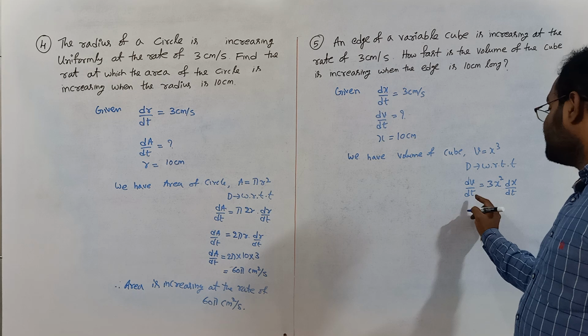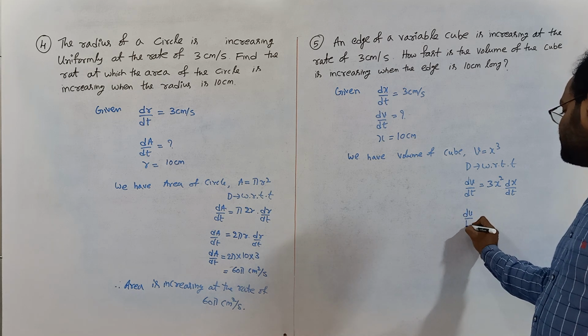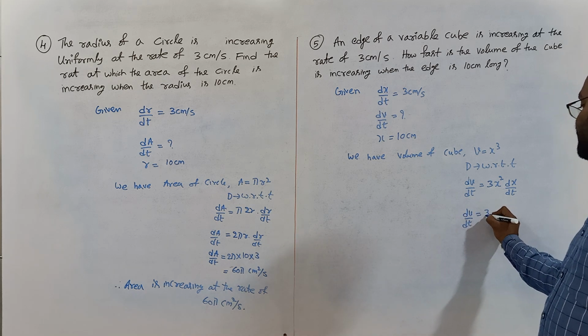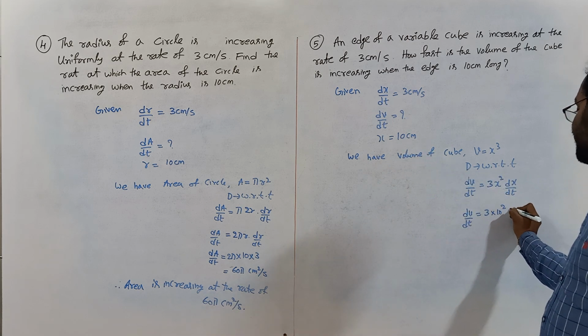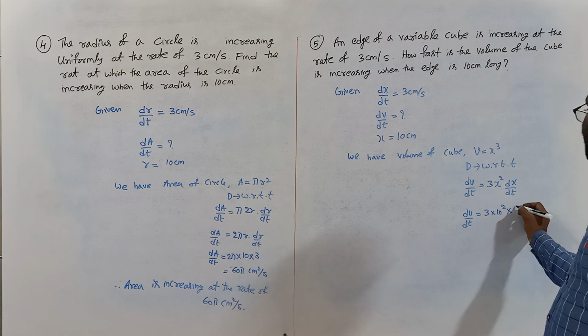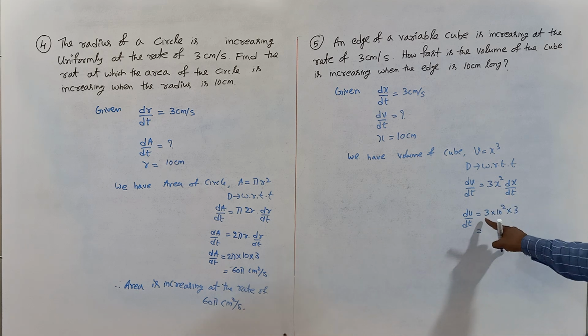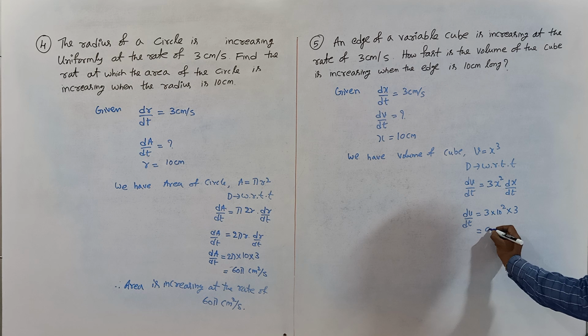So dv by dt is equal to 3 into x square, that is 10 square, into 3. So that is 9 into 100, that is 900.